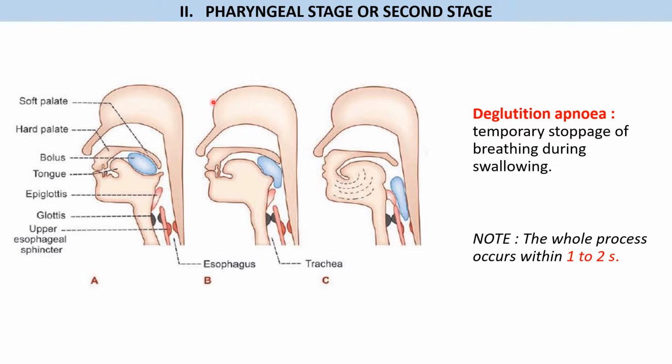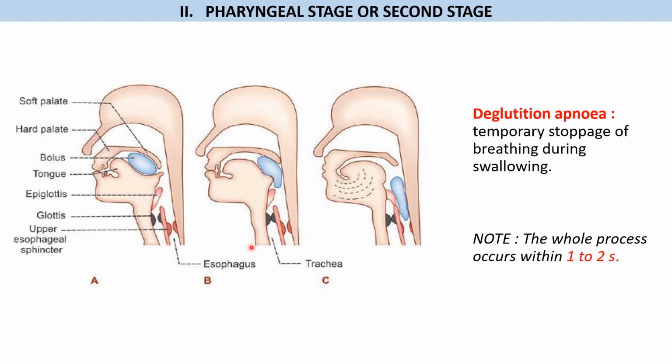Please focus on diagram B. So after the bolus enters the oropharynx during the first phase of deglutition, the oral cavity is now shut off from the pharynx by approximation of the posterior pillars of the fauces.